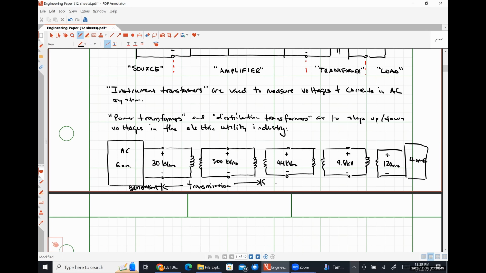And then everything from this point, where that really high voltage is stepped down all the way to the voltage that we use at home, is distribution.